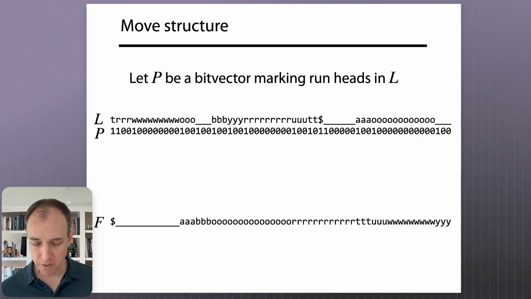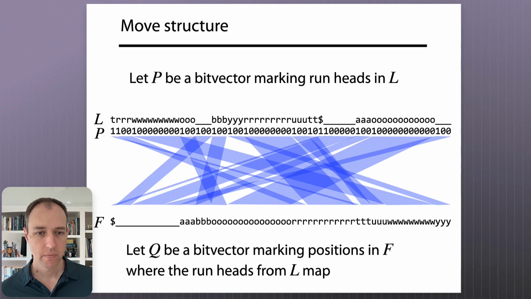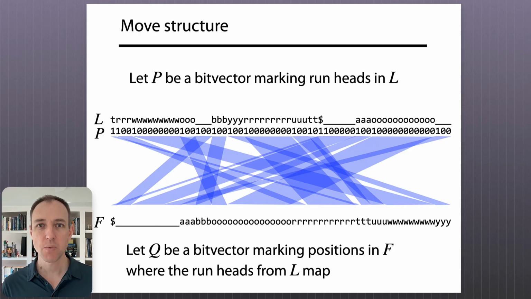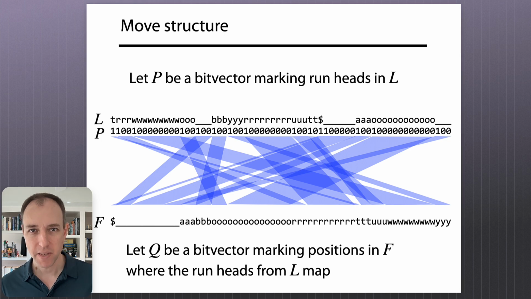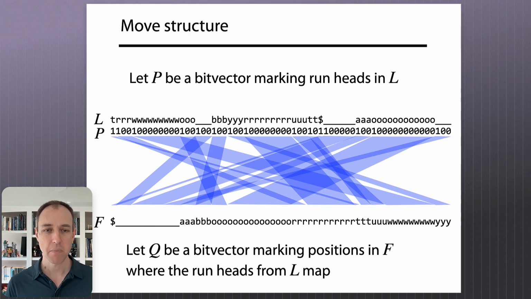And we're going to make another bit vector, Q. And Q is going to mark with a 1 the image of all the run heads in L. In other words, if you take that run head in L and push it through the permutation, take its LF mapping, then we're going to mark its counterpart at the far end of the LF mapping. We're going to mark the position that it maps to via the LF mapping.